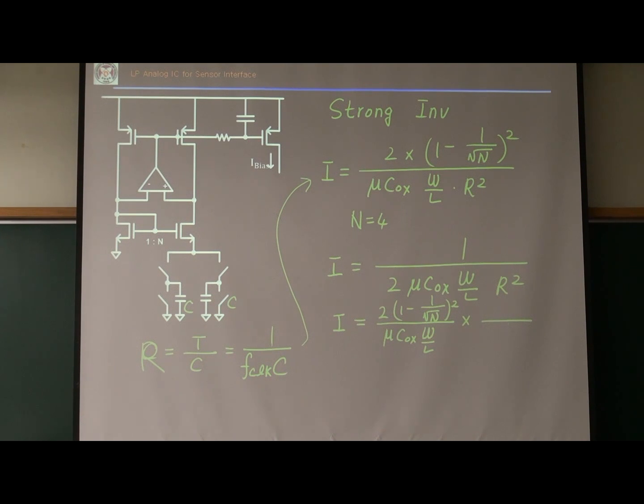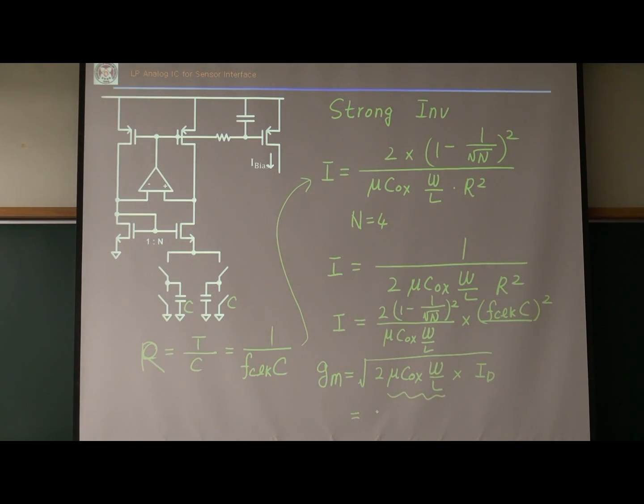This is R square, right? Then what's my GM? My GM of that transistor is 2 mu Cox W over L ID, right? So I can substitute this thing, that thing.